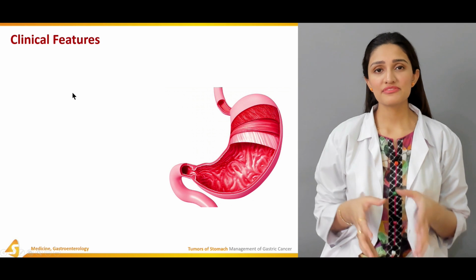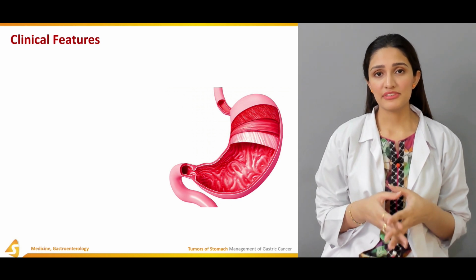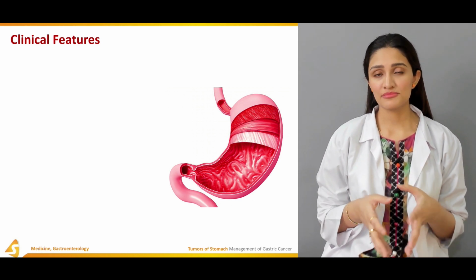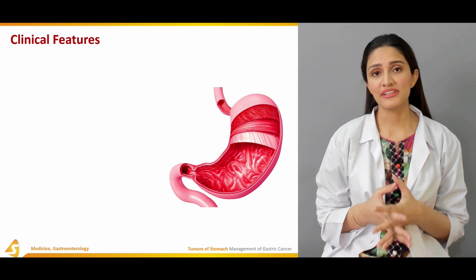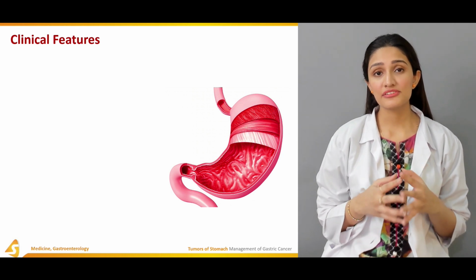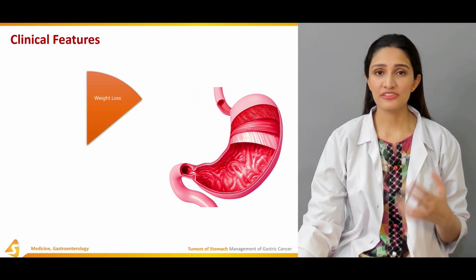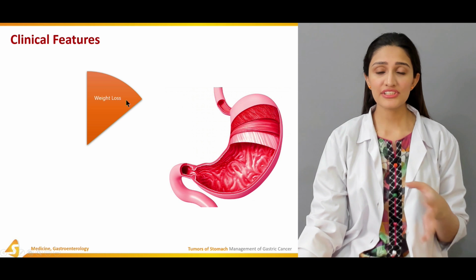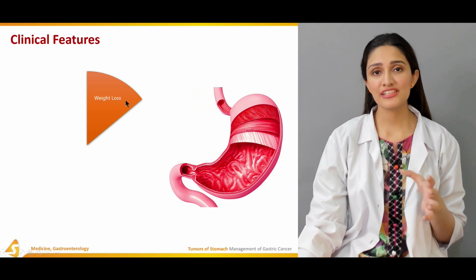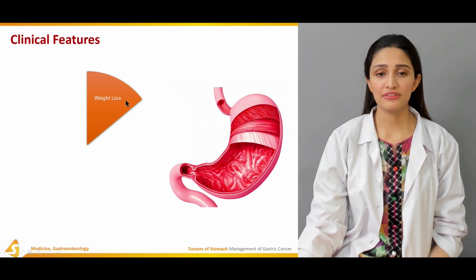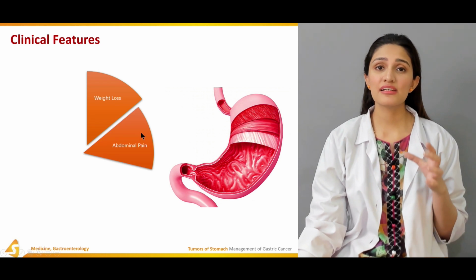So most of the patients with gastric cancer are usually asymptomatic. Around 80% are asymptomatic, and if symptoms do occur, they're usually very slight and not pronounced, such as weight loss, with around 60% of patients presenting with weight loss, and secondly abdominal pain.